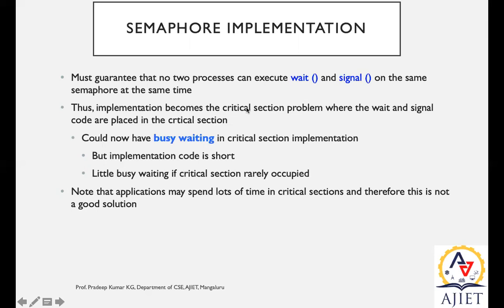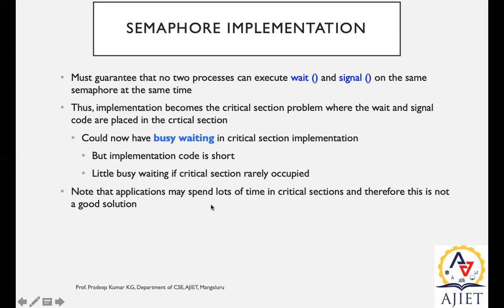So now what will happen? We could now have busy waiting in the critical section implementation, right? Because we included both wait and signal as a single atomic instruction. It is easier and the implementation code is short, with little busy waiting if the critical section is rarely occupied. But note that applications may spend lots of time in critical sections, and therefore this is not a good solution.